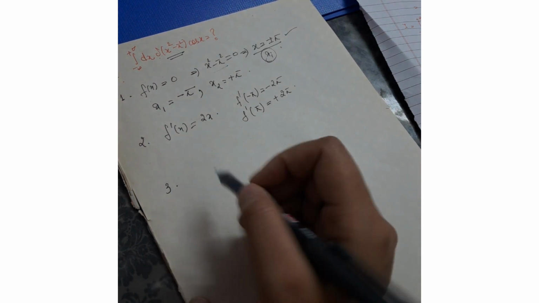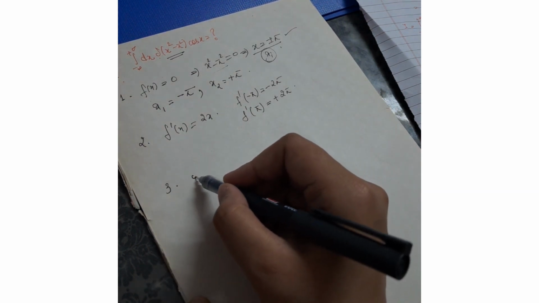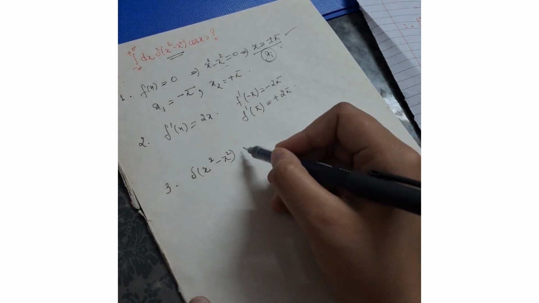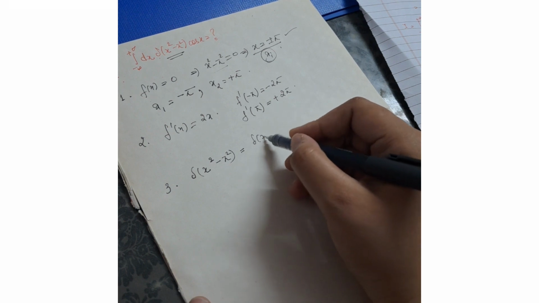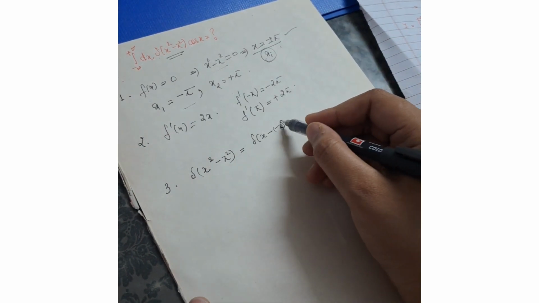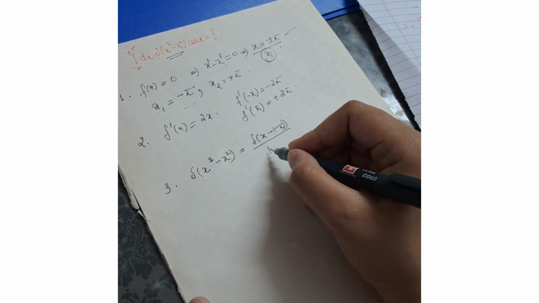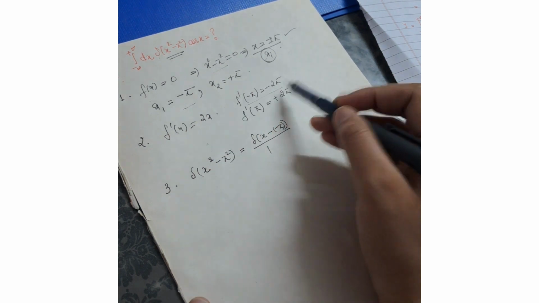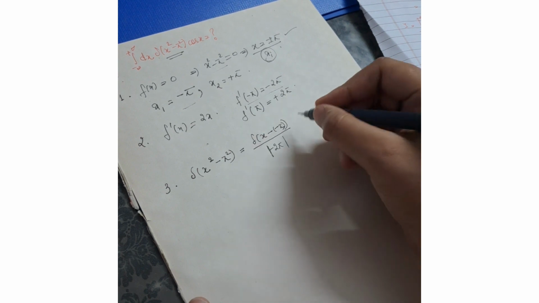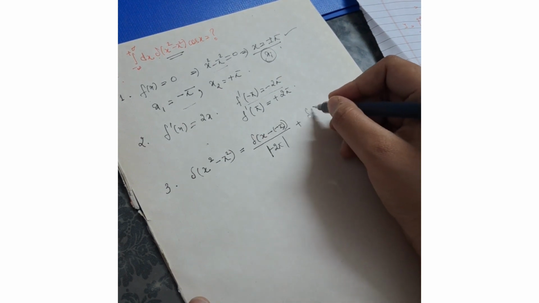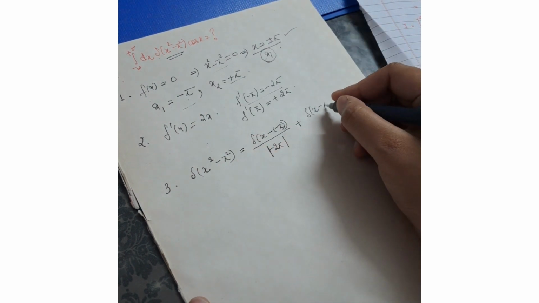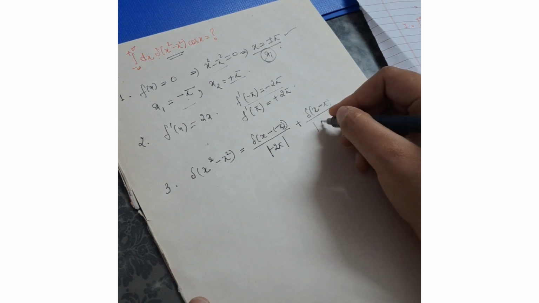Step 3. You can write delta(x square minus pi square) as delta(x minus (minus pi)) upon mod of f dash minus pi, that is minus 2 pi, plus delta(x minus pi) upon mod of 2 pi.